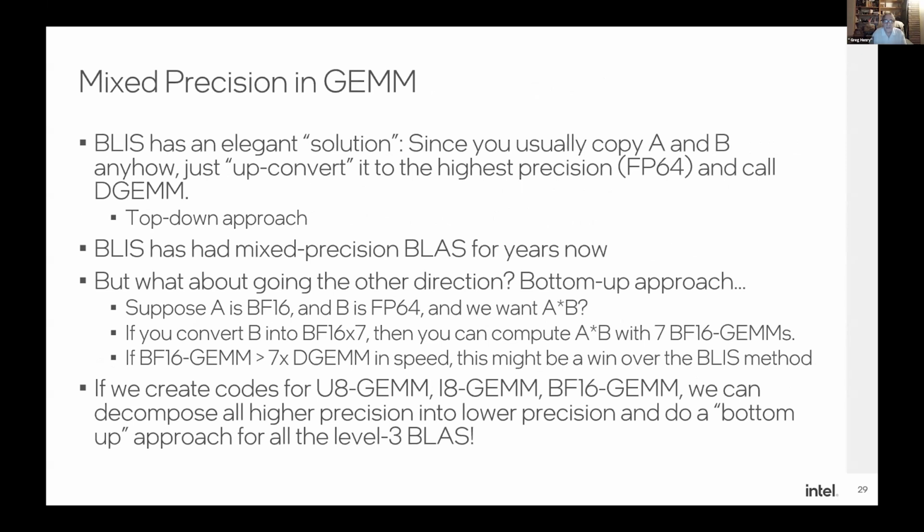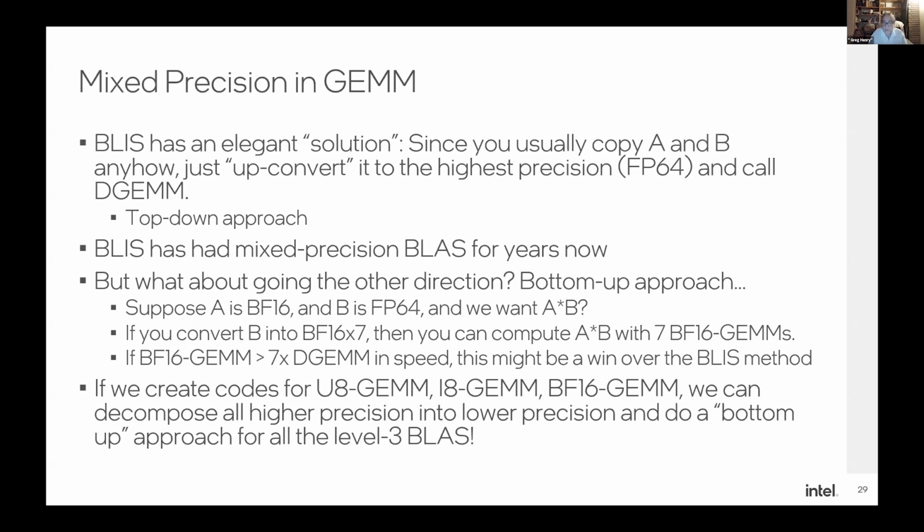And then the mixed precision GEMM. So BLIS is an elegant solution. Again, I'm assuming everyone's familiar with BLIS because this is a TACC-sponsored event, but if you're not, look it up. My favorite example is A is, say, bfloat16 and B is FP64.